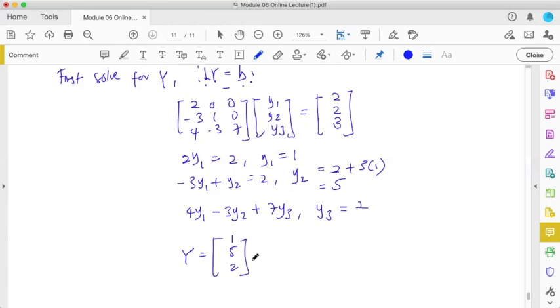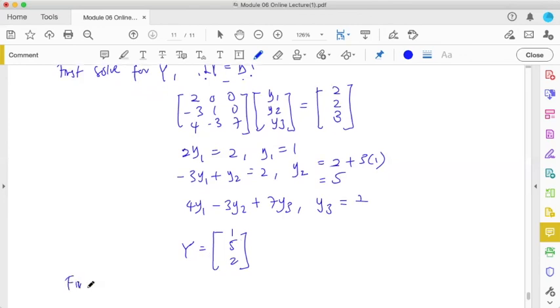So this is your matrix Y. Finally, you can solve for X, where you have this particular form Ux equal to Y. It's not equal to B anymore.